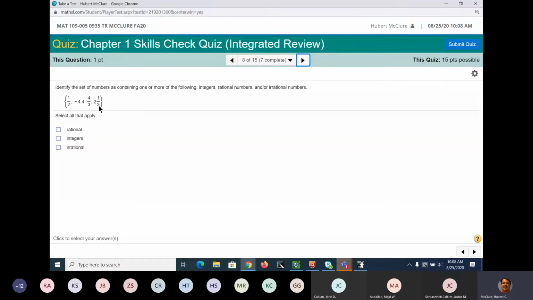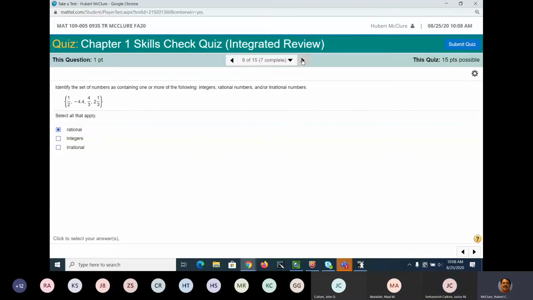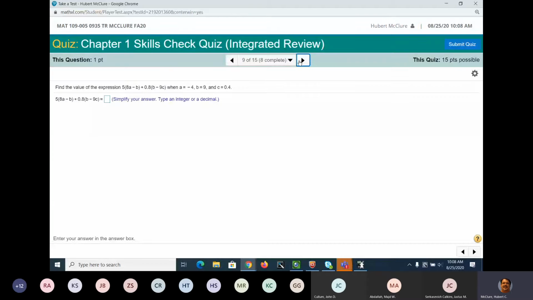So these are rational. You couldn't argue integers on that one because you have fractions. Find the value of the expression when A is equal to negative 4, B is equal to 9, and C is equal to 0.4. This is old-fashioned plug and chug.